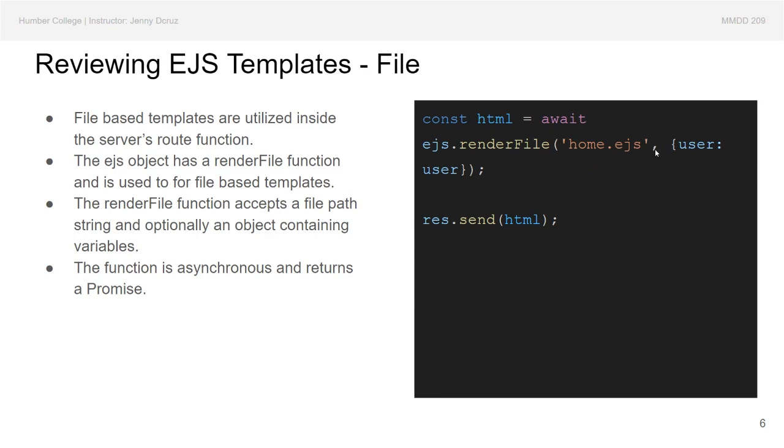You don't need to do comma user. All right. So if you do want to send some information from the database to the server to the front end, then you can do that by passing a variable inside your renderFile after specifying the file name. Else, this is optional. You don't have to pass a variable to the front end. All right. And the function is asynchronous and returns a promise.